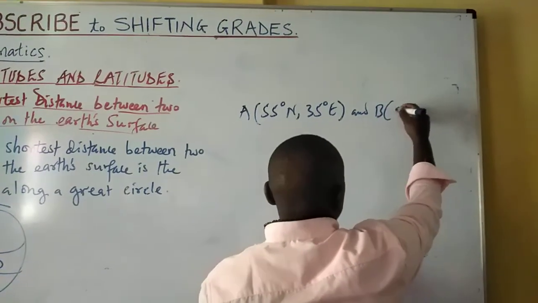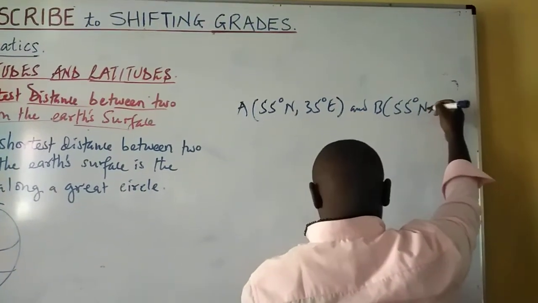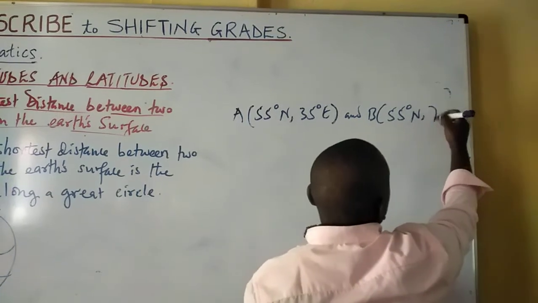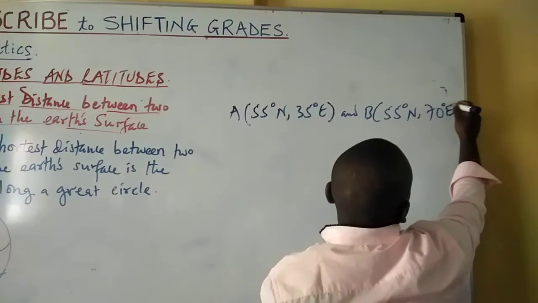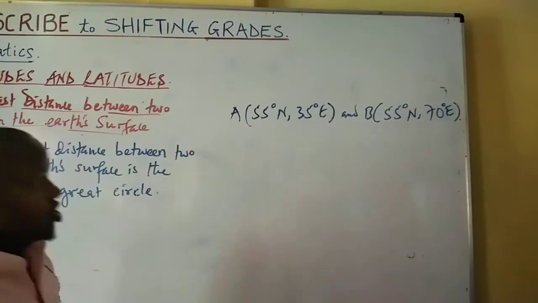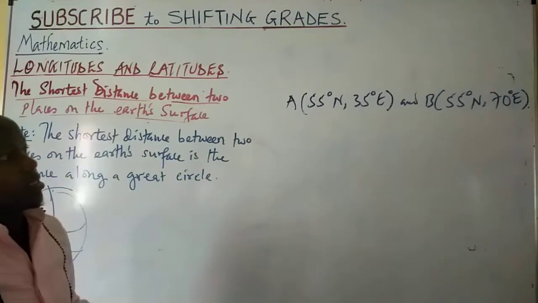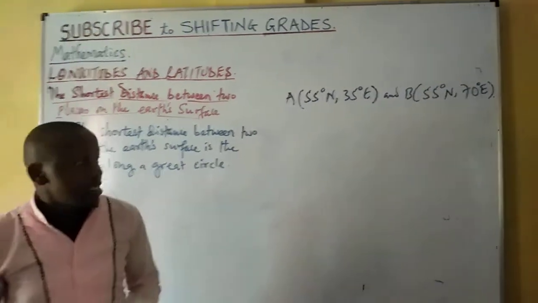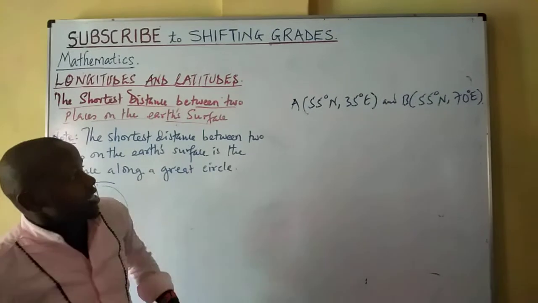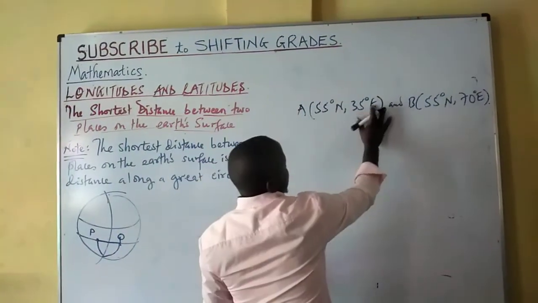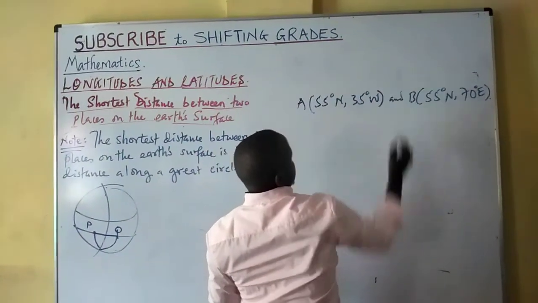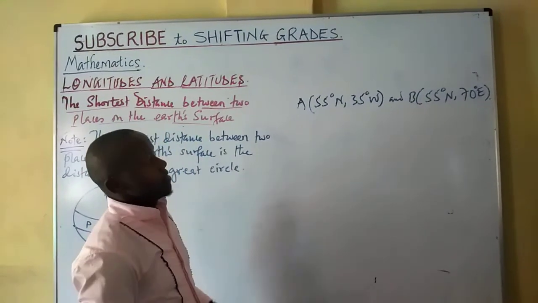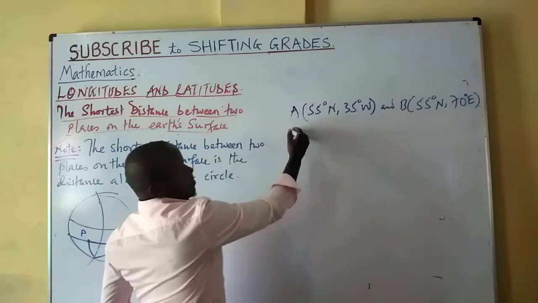B is given as 55 north and 70 east. Find the shortest distance. Solution.